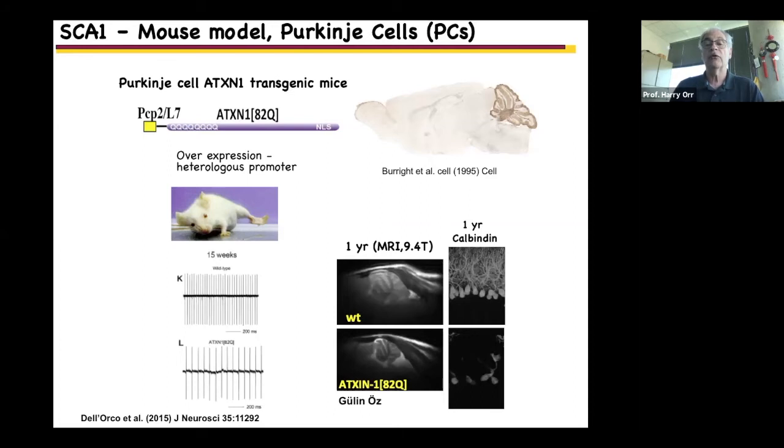If we do a similar MRI analysis on the cerebellum of these mice, as I showed earlier in the SCA1 patients, you can see at 1 year the dramatic atrophy of the cerebellum. This is correlated with a loss of Purkinje cells from the cerebellar cortex as indicated by calbindin staining. So I think this provides evidence that, at least in terms of motor phenotype and pathology, this model nicely replicates what we see in human SCA1 patients.